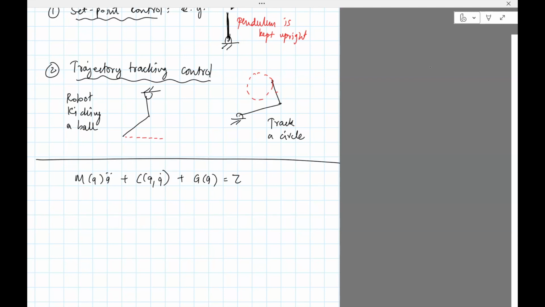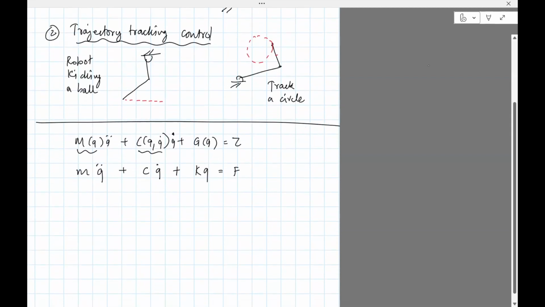The simplest case is to assume M is a constant m, C(q, q dot) is just a constant c, and G(q) is proportional to q, so k q, and then let's just put f.